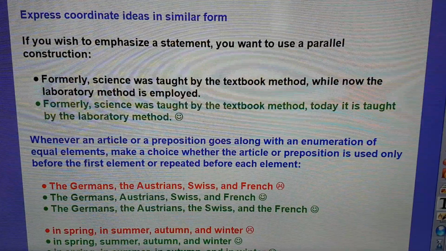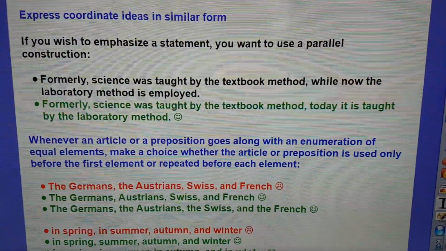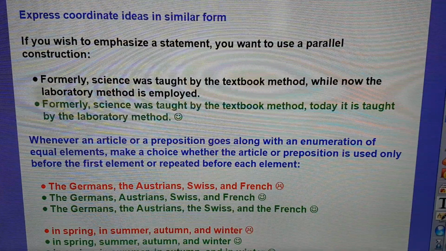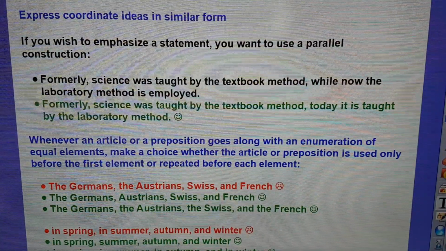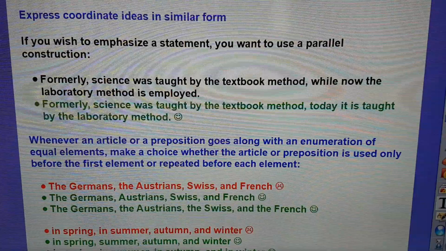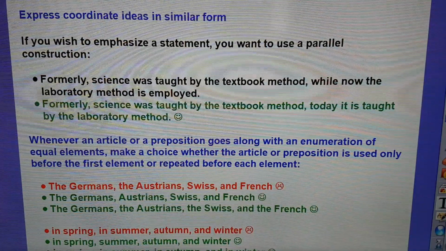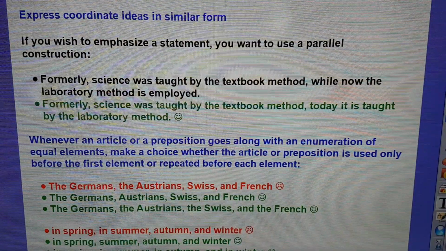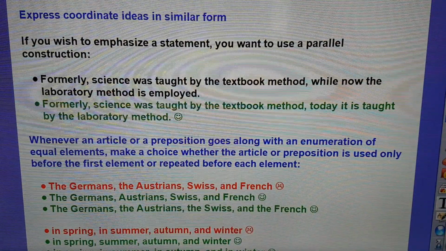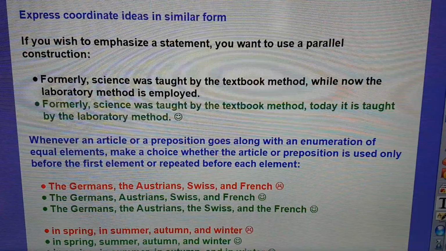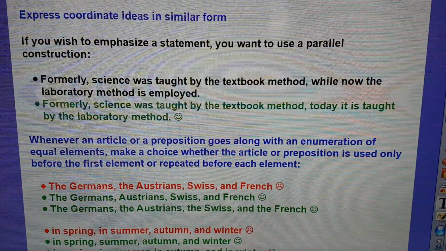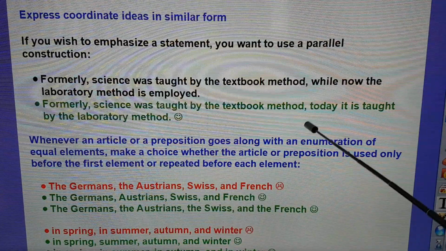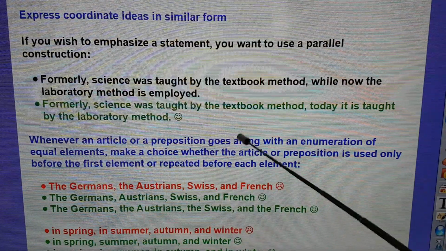I know a lot of students think, well, but variation of syntax and variation of style always leaves a good impression on the reader. Yes, that's right. I mean, I'm not asking you to write a complete essay using parallel structures.